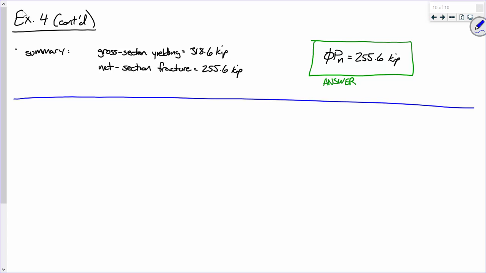Let's say the member is subjected to the following, what I'm calling service loads.